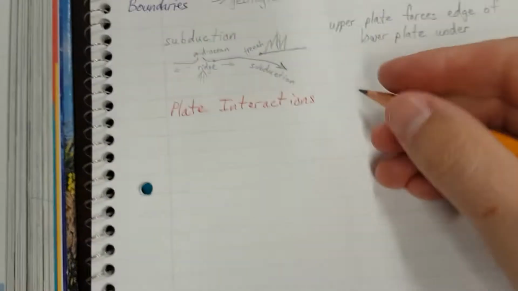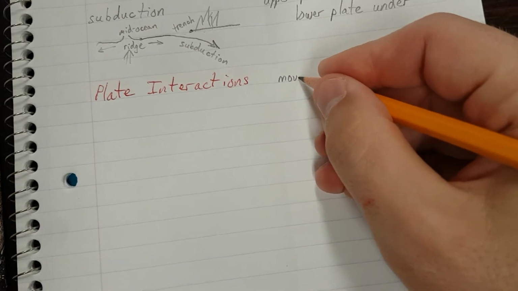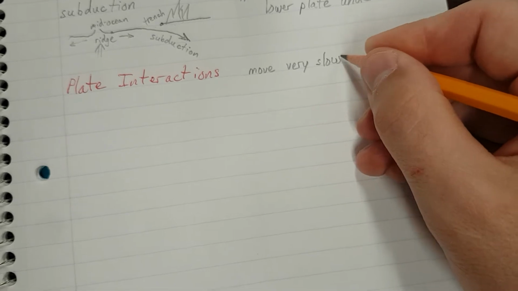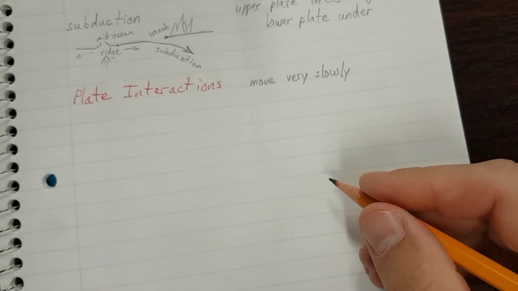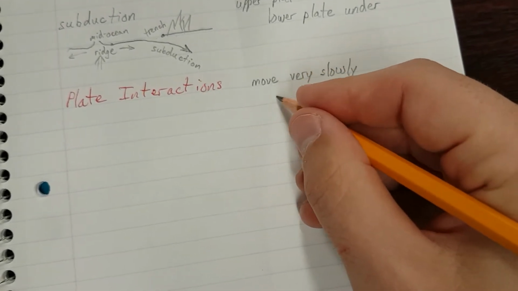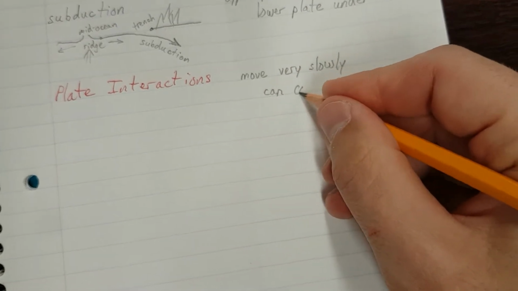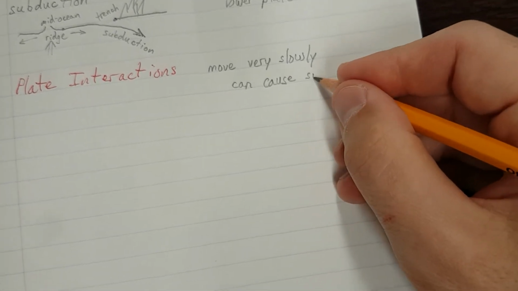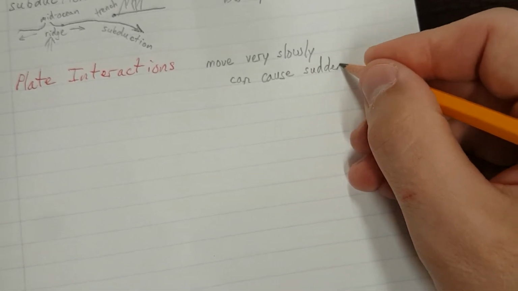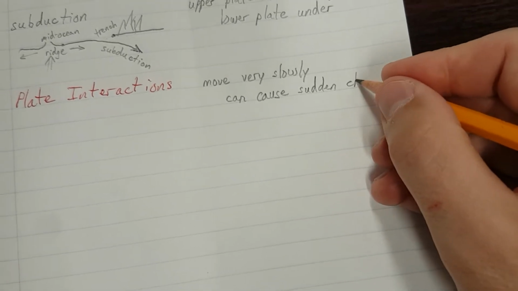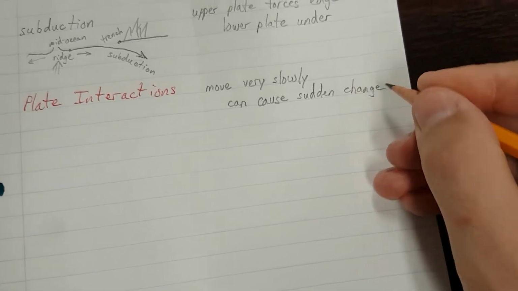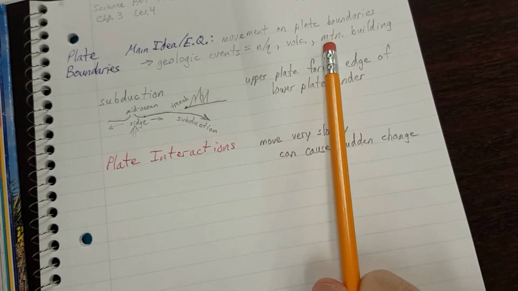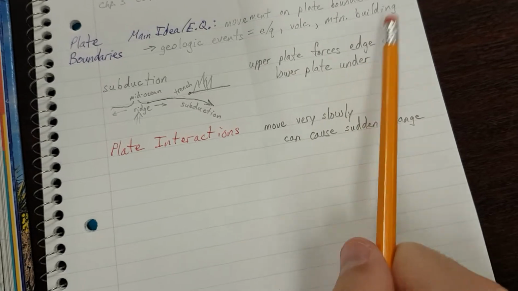Okay, so move, M-O-V-E, very, V-E-R-Y, slowly, S-L-O-W-L-Y, indent, can, C-A-N, cause, C-A-U-S-E, sudden, S-U-D-D-E-N, change, C-H-A-N-G-E. I bet you those sudden changes are going to be things like earthquakes, volcanoes, maybe not the mountain building so much, that takes a long time.